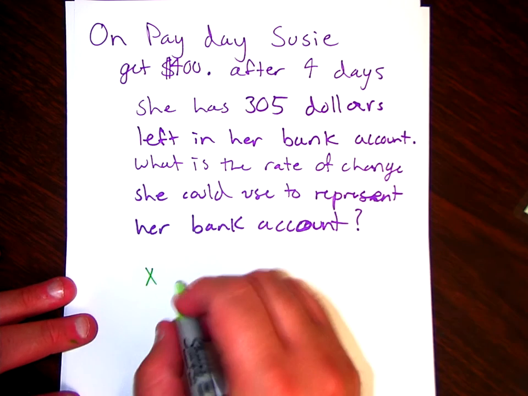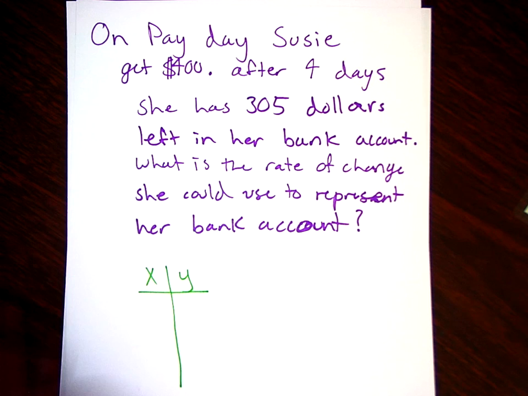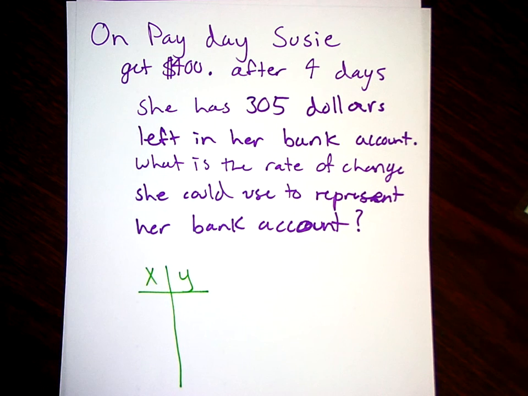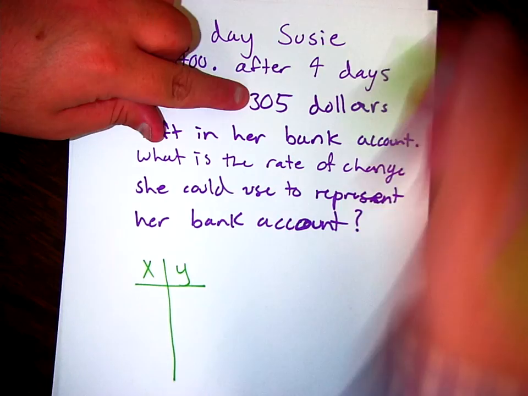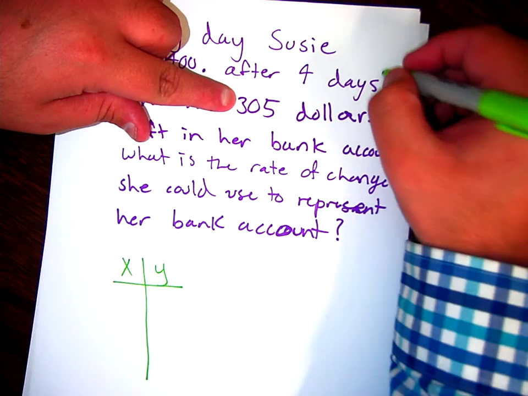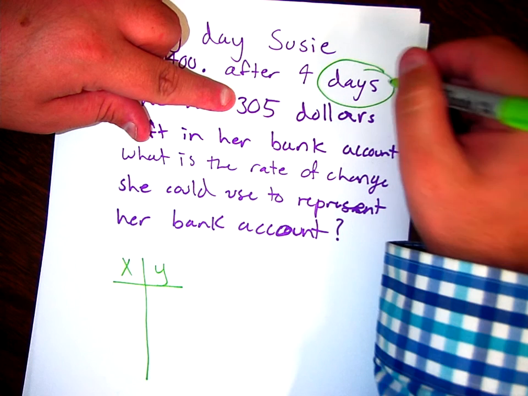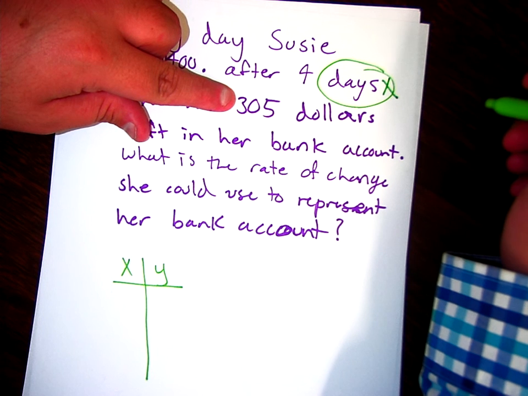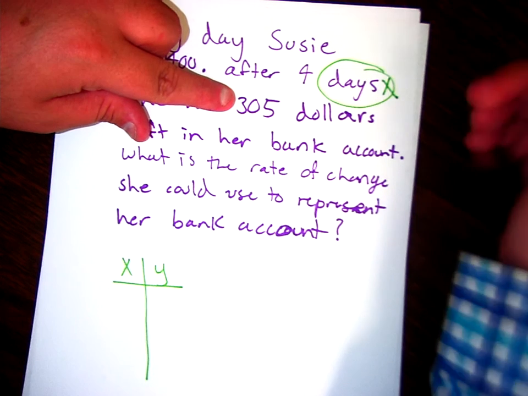So I'm going to find these 2 points and put them into a table. There's one obvious one. After 4 days, she has $305. And I should also note here, whenever you see time, days, minutes, seconds, whatever, that is usually going to be X. In pretty much every example I can think of, time will always be the X value.